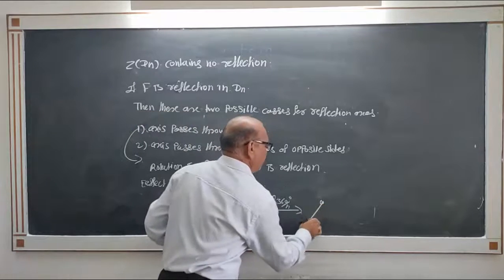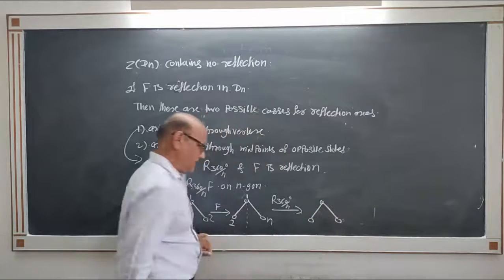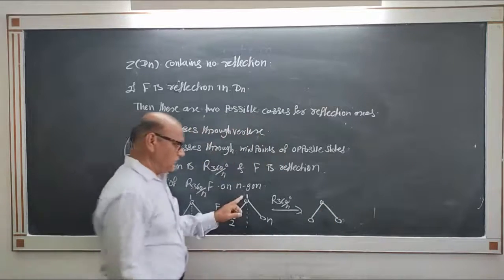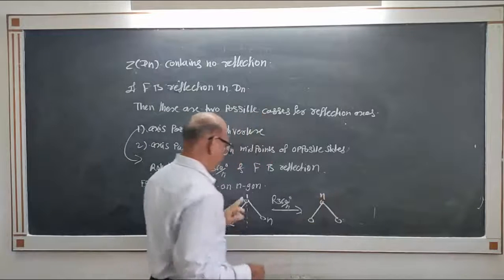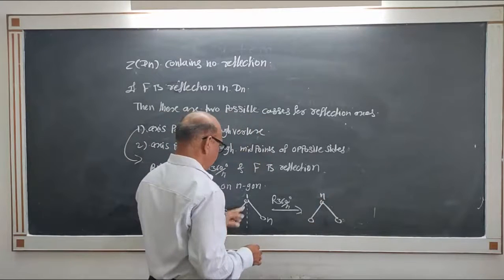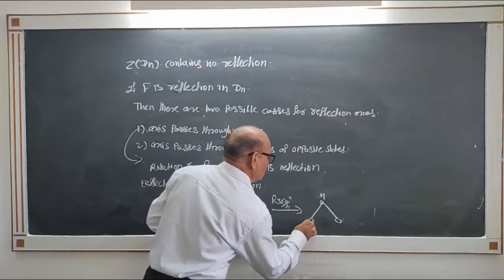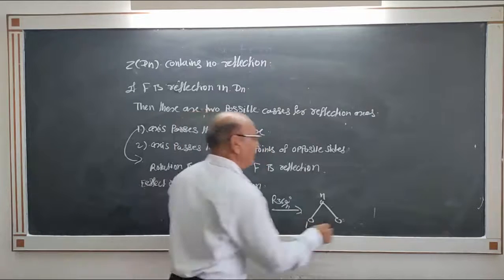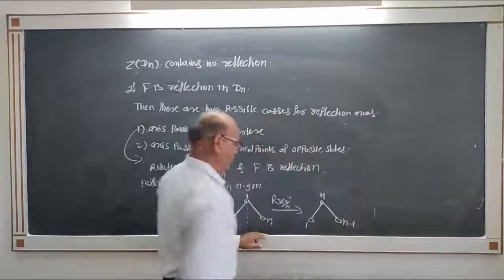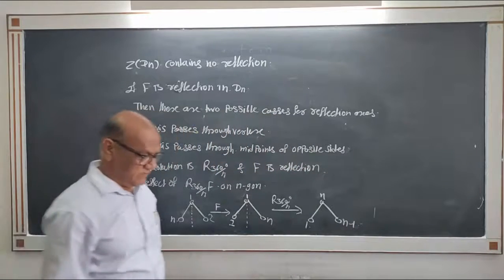This gives n goes to 1, 1 goes to the place of 2, and here n minus 1.